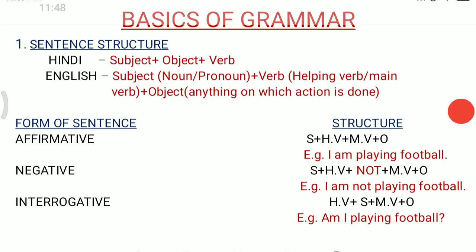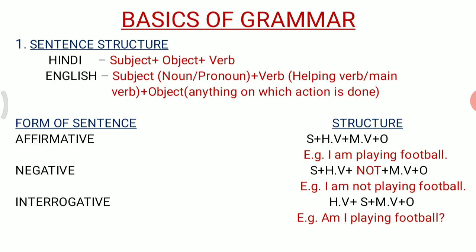Now, basically, what is a subject? Subject basically is a noun or pronoun. Or you can say it is something, or it can be a topic on which you are speaking. Verb. Now, to understand verb, you need to understand two things: helping verb and main verb.